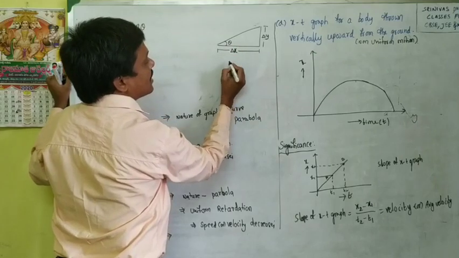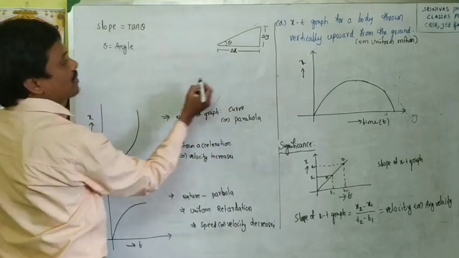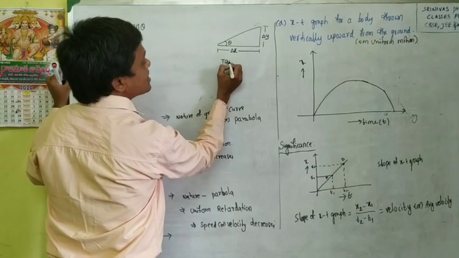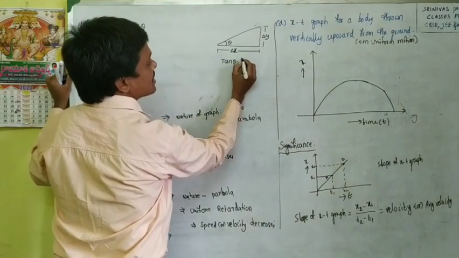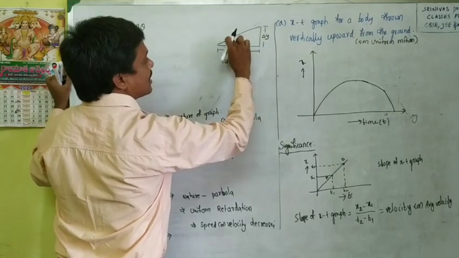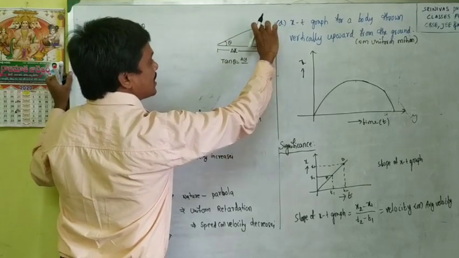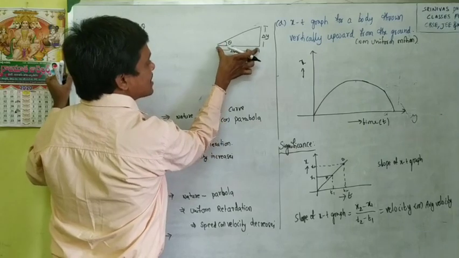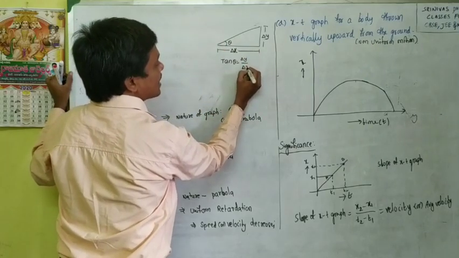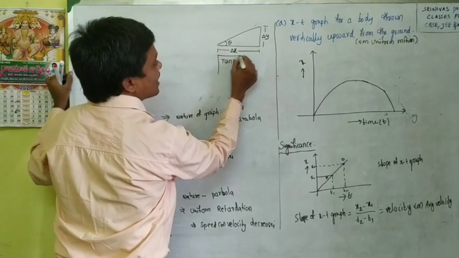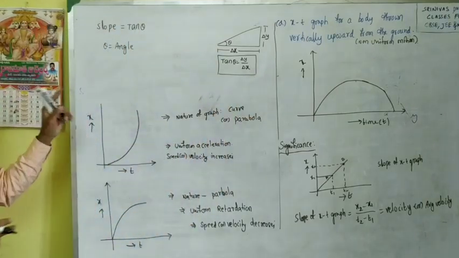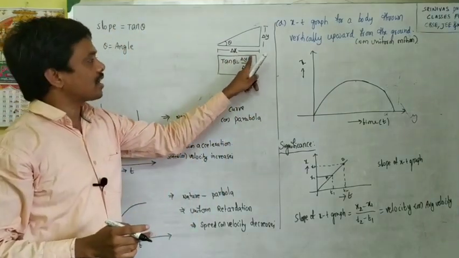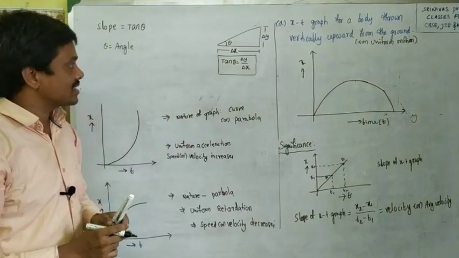And then tan theta is equal to the opposite side by the adjacent side. Opposite side to angle theta is this one, by adjacent side this one, delta y by delta x. You will learn clearly in 10th class maths, in one chapter of trigonometry. Just now remember the tan theta formula is delta y by delta x.